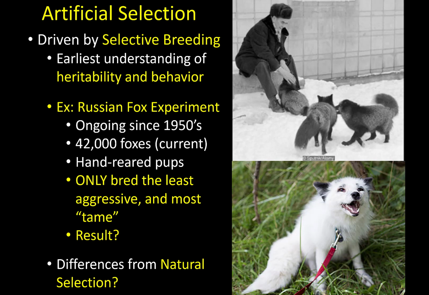The Russian fox experiment was started by a man named Dmitry Belyaev, who you can see here in the upper right-hand corner, working with some of his original foxes. It's been ongoing since the 1950s. It's still happening. Currently, there are 42,000 foxes who are part of the experiment. The pups are all hand-reared.